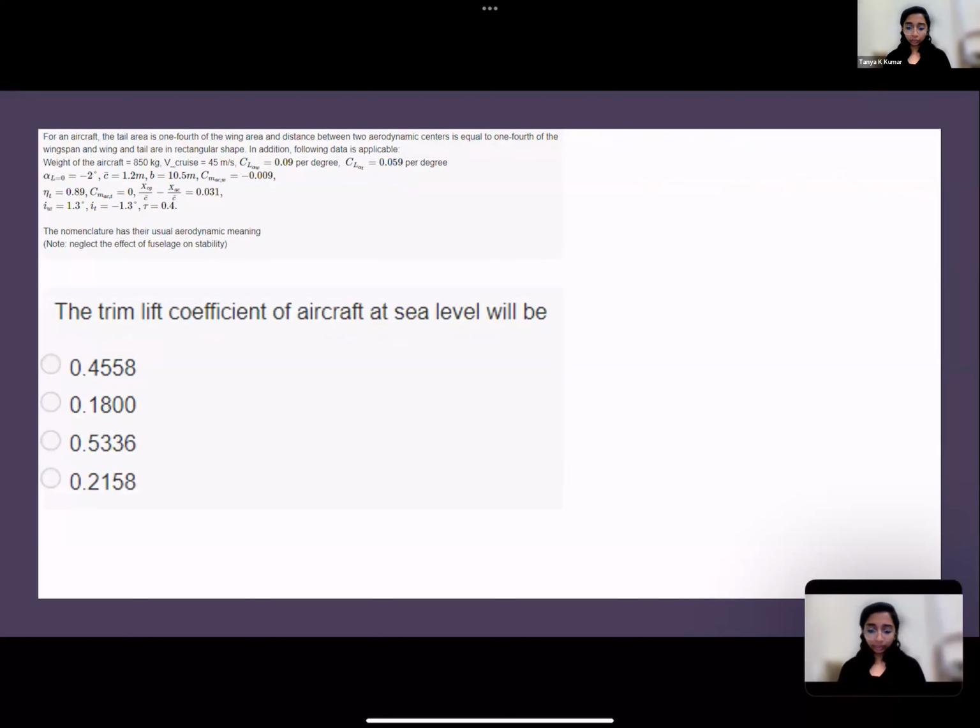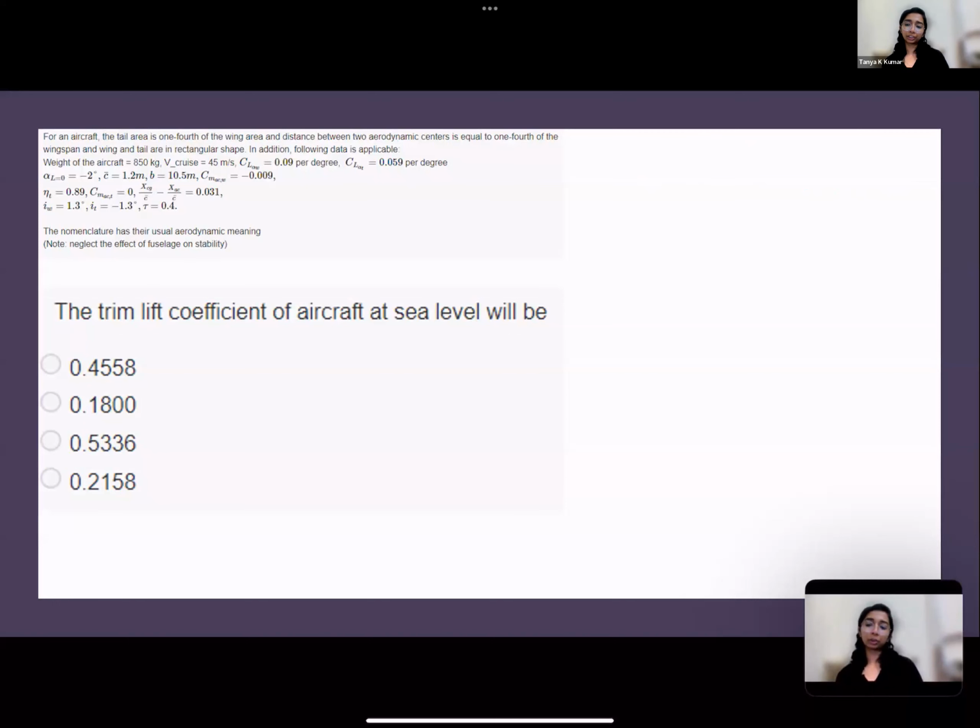Then the trim lift coefficient of the aircraft at sea level will be. This should be simple. Yeah, 0.6592 was the previous.